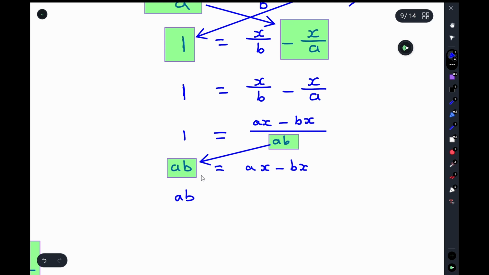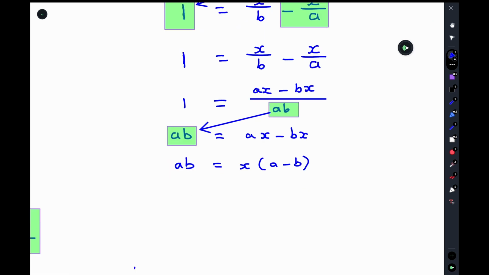So we have ab is equal to x multiplied by, in brackets, a minus b. Now we move a minus b, or multiply by a minus b, to the left hand side. So it becomes ab divided by a minus b is equal to x.